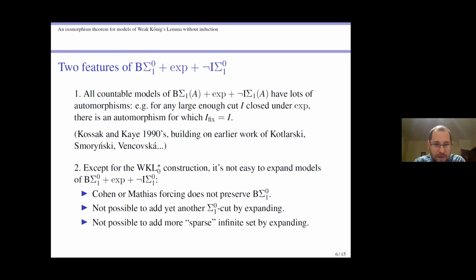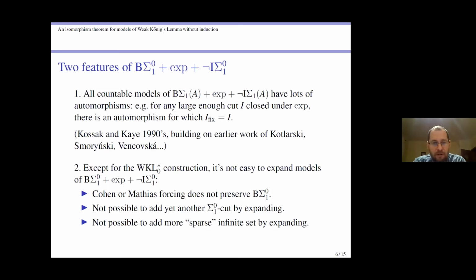But anyway, the point is that one prominent feature of these models is that they have lots of automorphisms. This is not maybe the most definitive statement, but for instance, if you have a large enough cut, let's say it contains a sigma 1 definable proper cut, and if this cut is closed under exponentiation, then there's going to be an automorphism which fixes all elements in that cut and moves an element below each element above the cut.